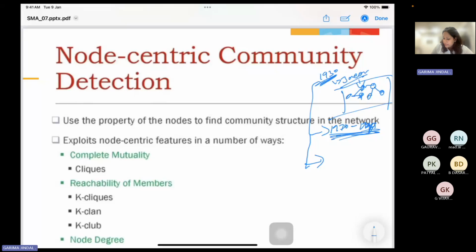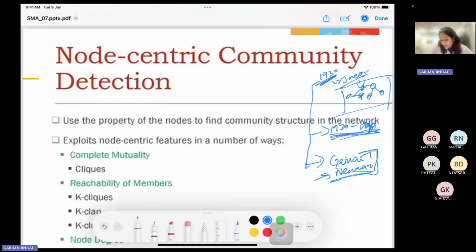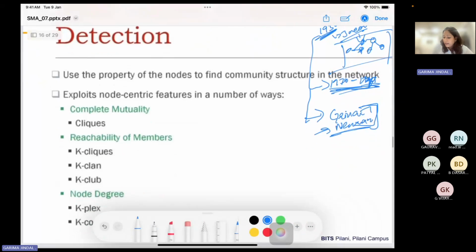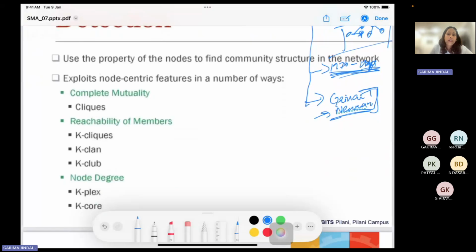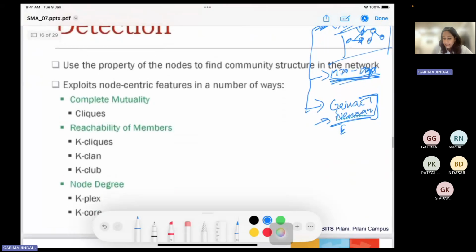Then came two researchers, Girvan and Newman. Newman is a professor at the University of Michigan. These two professors came together and discovered one very important algorithm based on edge betweenness. We are going to study that algorithm in today's class.